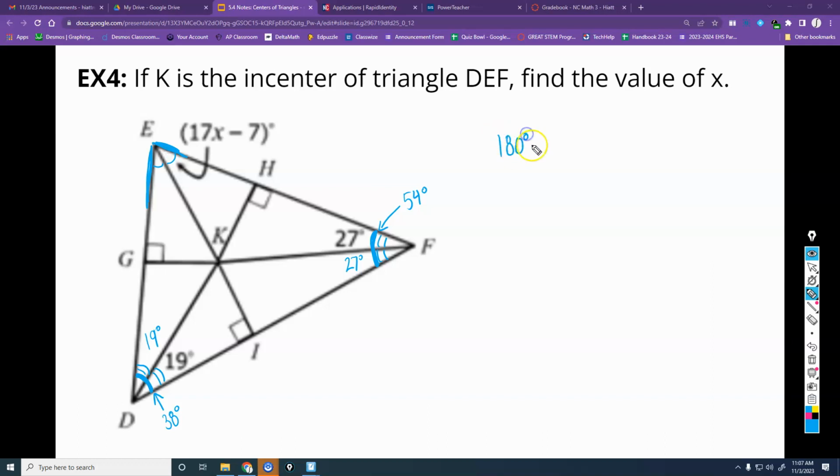So I could do 180 minus 54 minus 38 is 88 degrees. So that would be the whole angle right here. That's GEF. But I only want half of that. So this would be 44 and this would be 44 degrees.